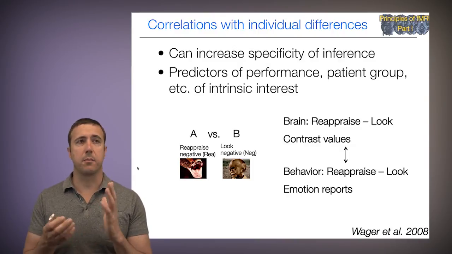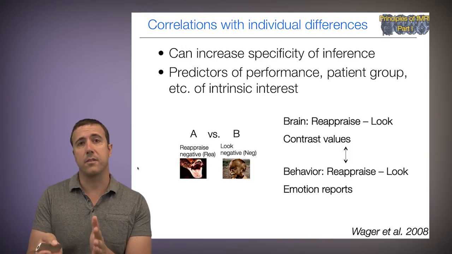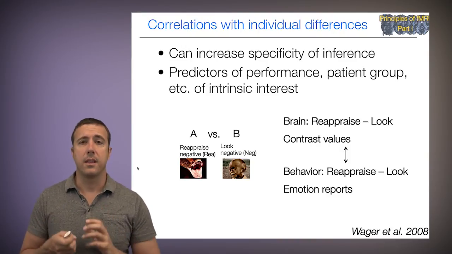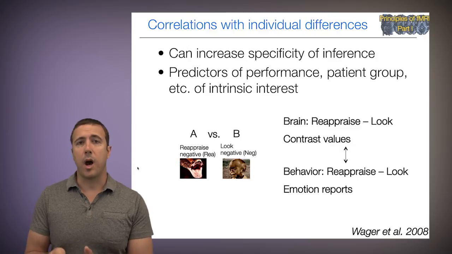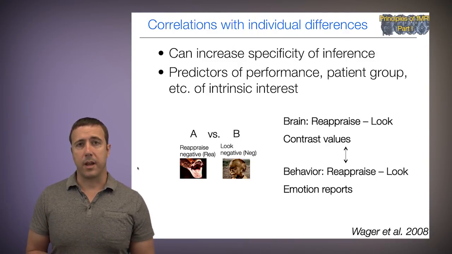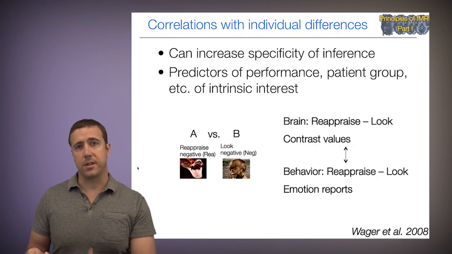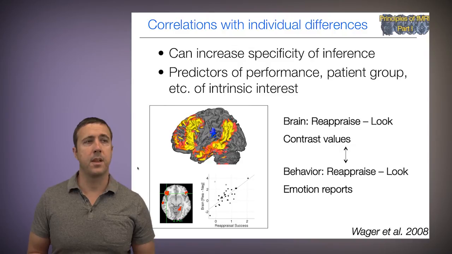So first we'll take the comparison, reappraise minus look, that's A versus B in brain activity at each voxel. And then we'll take the drop in negative emotion that people feel when they reappraise versus look. And we're going to correlate those two things. So we're going to ask, where in the brain do the subjects with more reappraisal-related activation show larger decreases in negative emotion?